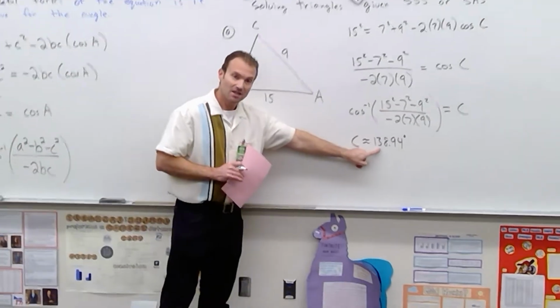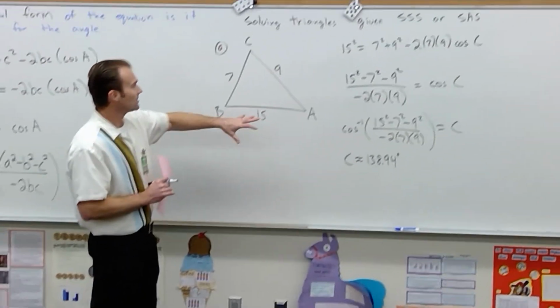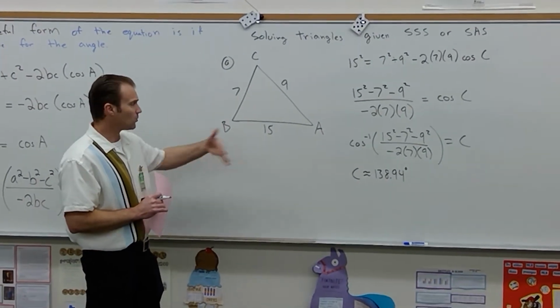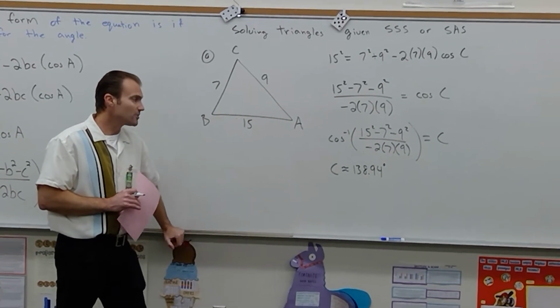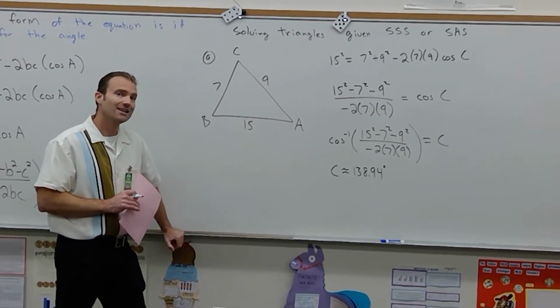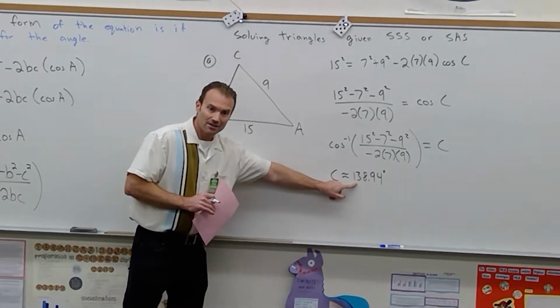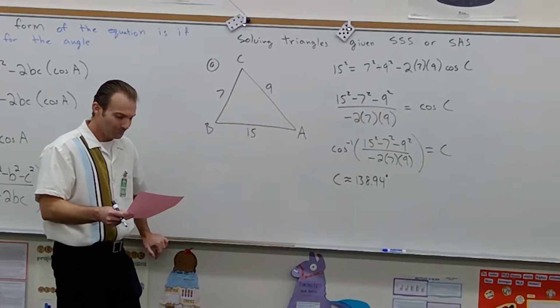So if you want to continue using law of cosines, you can use law of cosines twice more to find angle A and angle B. You could use it once more to find A or B and then subtract from 180. Or you can jump over to law of sines at this point and use your obtuse angle to find, again, one of the two missing angles. So you can go either route.